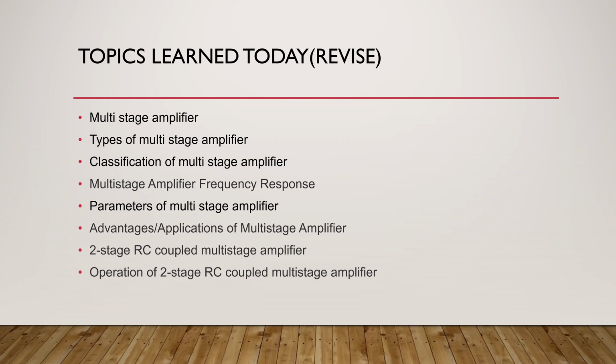Types of multi-stage amplifier are also based on what type of configuration or what type of transistors we are using. The multi-stage amplifiers are divided into cascade amplifiers as well as cascode amplifiers. In cascade amplifiers, all the stages are connected by using the CE amplifier, common emitter amplifier, itself.